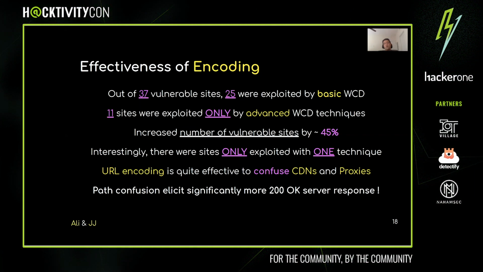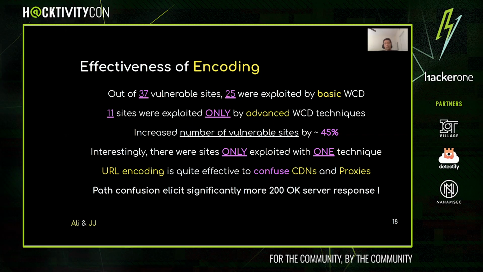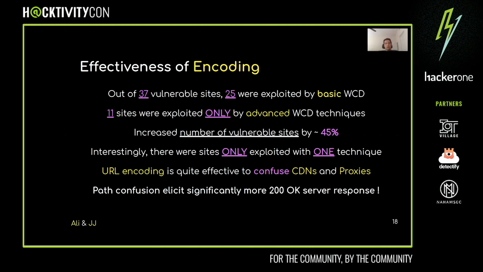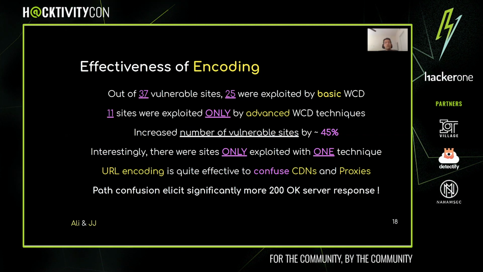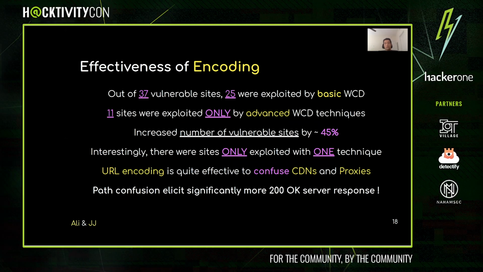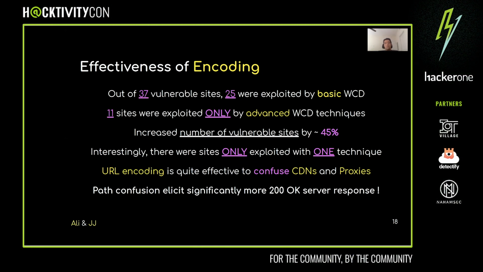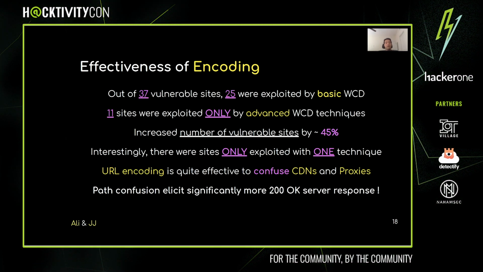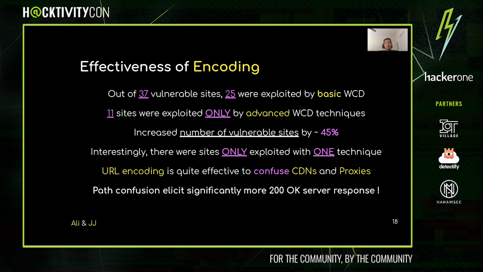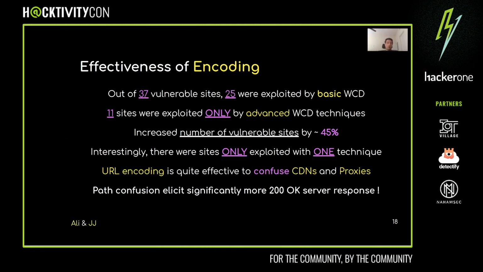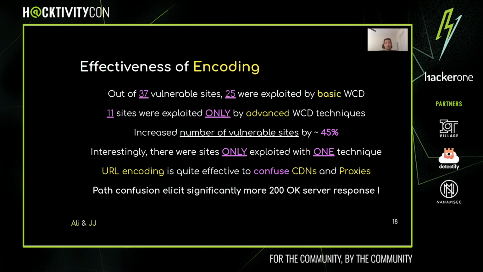It means we discovered an increased number of vulnerable sites by 45% by applying these 4 encoding techniques. More interestingly, we discovered some sites and a couple of domains that were exploited with only one of the techniques. It means URL encoding is quite effective to confuse different CDNs and cache proxies, and attackers should design the attack scenario based on each target. An attacker always has the upper hand to find the effective path confusion techniques.